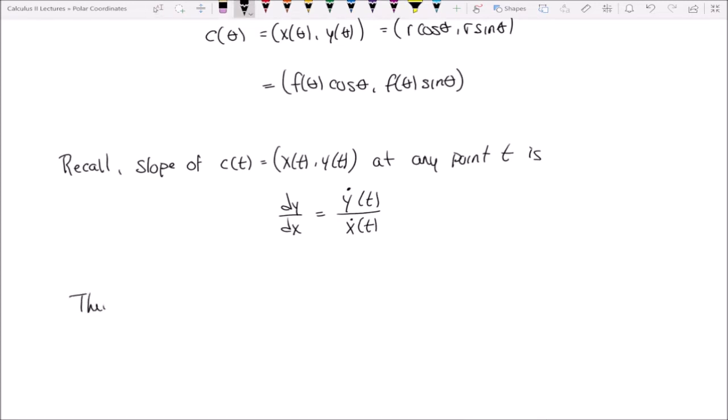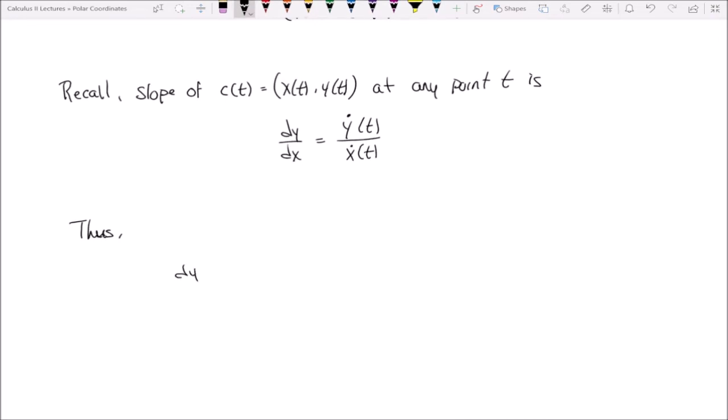So for our polar curve, we're going to have dy d theta over dx d theta. But y was f of theta times sine of theta.